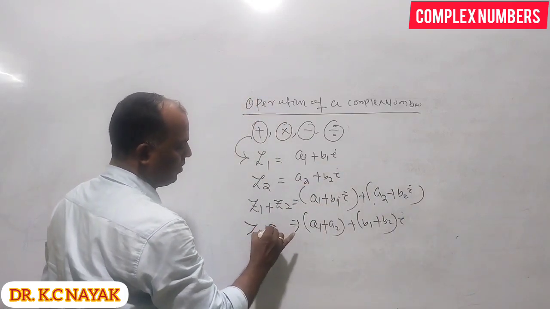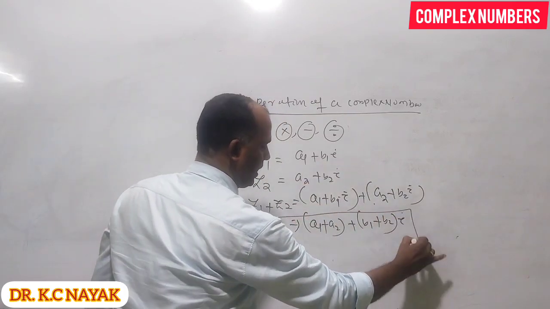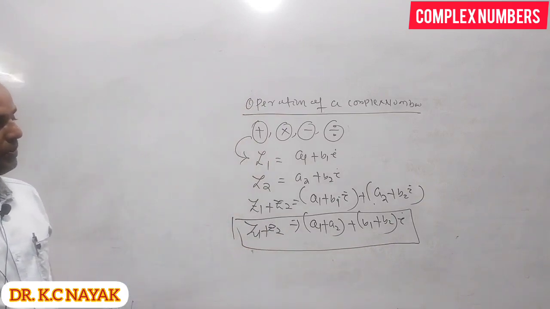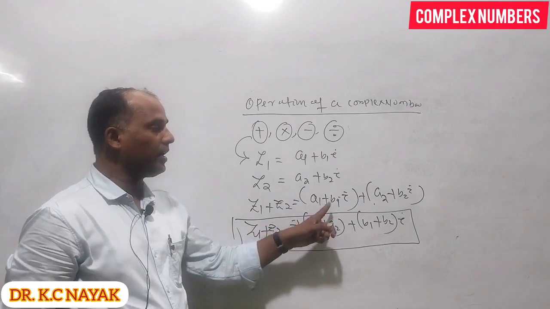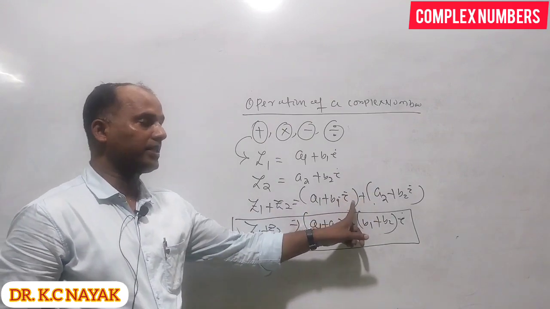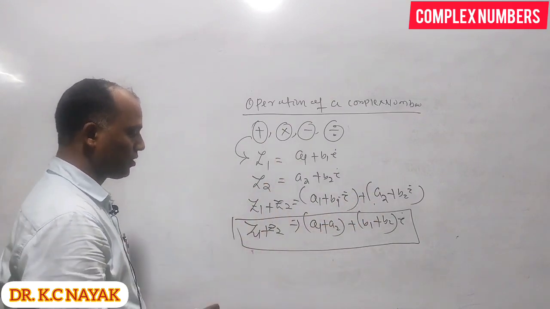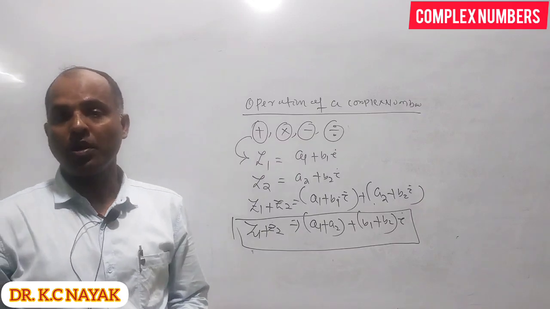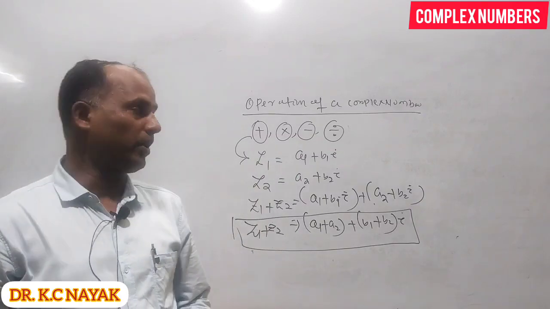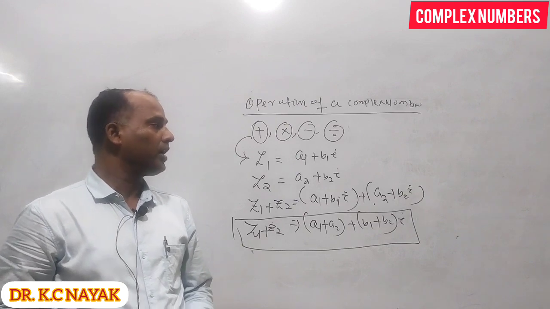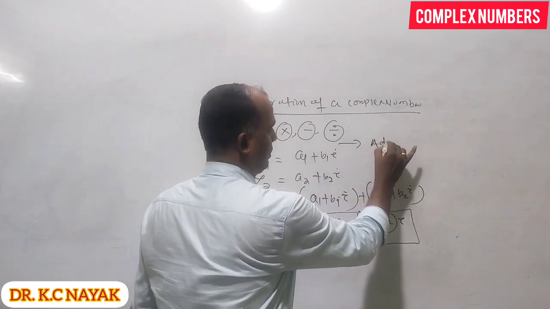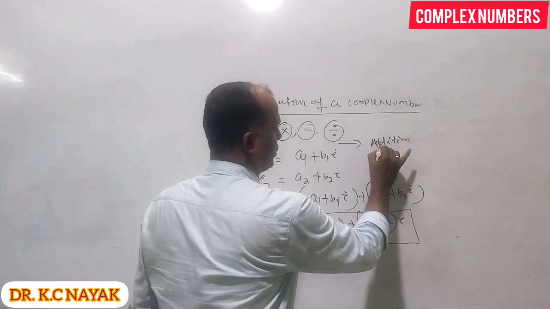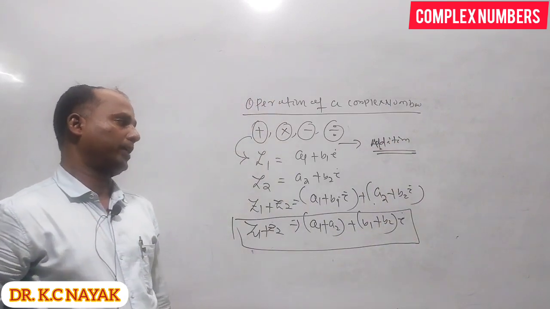Z1 plus Z2 is equal to A1 plus A2 plus B1 plus B2 times i, because we add real part to real part and imaginary part to imaginary part. So the addition of two complex numbers is also a complex number. This is the addition operation.